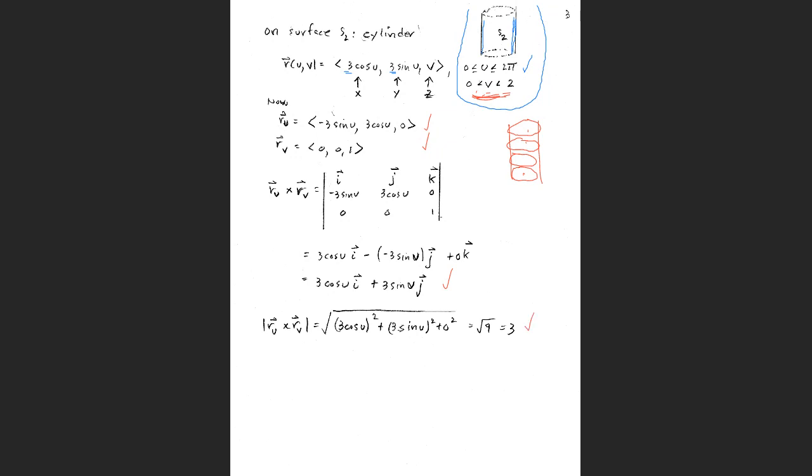Let me give you a moment to catch up. So these problems don't have to be hard if we're just organized. And it's very important to be organized, right? Because it's necessary, right? Okay.